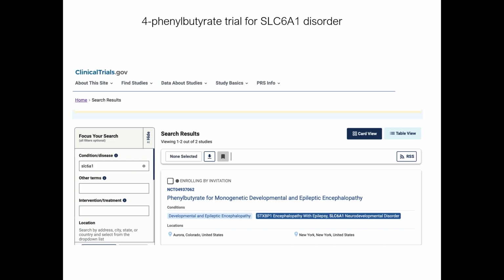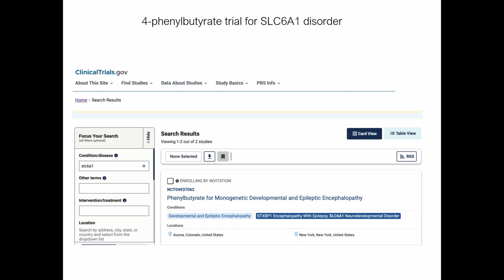You heard earlier this morning a talk from Dr. Greenspan. His study with Dr. Demarest and others was just published, looking at phenylbutyrate as a treatment for SLC6A1 disorder.